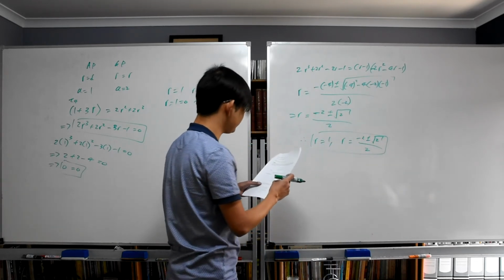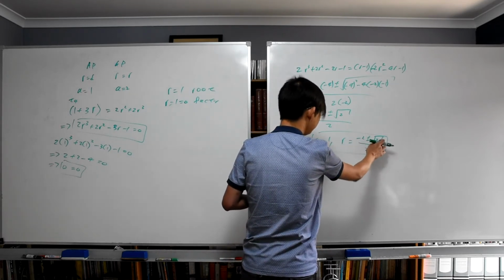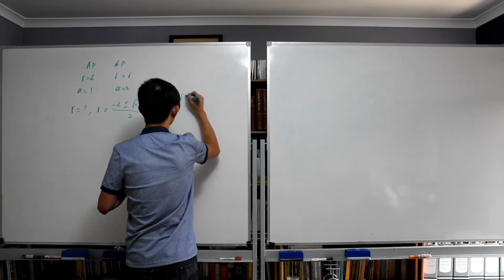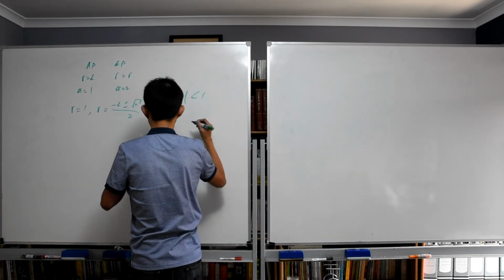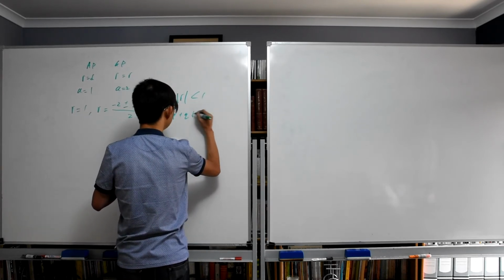We got three values of r equal to 1 or r equal to minus 2 plus or minus root 2 all over 2. When the magnitude of r is less than 1, find in the form p plus q root 2.